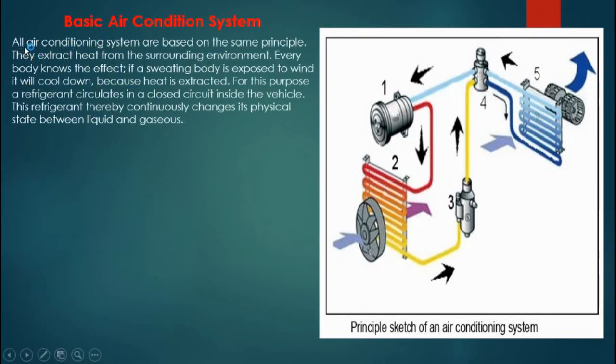All air conditioning systems are based on the same principle. They extract heat from the surrounding environment. Everybody knows the effect: if a sweating body is exposed to wind, it will cool down because heat is extracted.